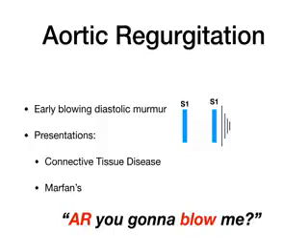Something that's not on this slide that's also very important is that patients with aortic regurgitation have something that's known as head bobbing. Because of the volume of blood that gets pumped back across that valve, there's a very large difference between the pressure during systole and the pressure during diastole that's going across that valve. And because of this, you get some really unique symptoms. One is head bobbing.